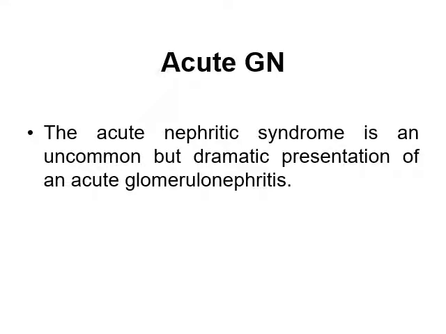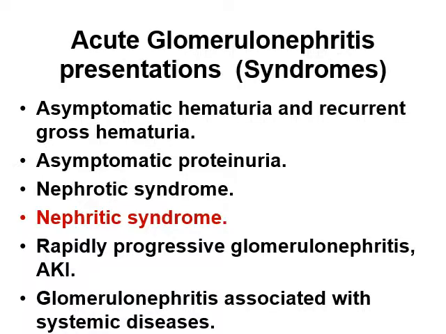So it is a pathological entity, and it may present with acute nephritic syndrome, as we mentioned. And this is the most dramatic, as we just mentioned. But there is another long list of presentations that may occur with acute GN. What are these presentations?